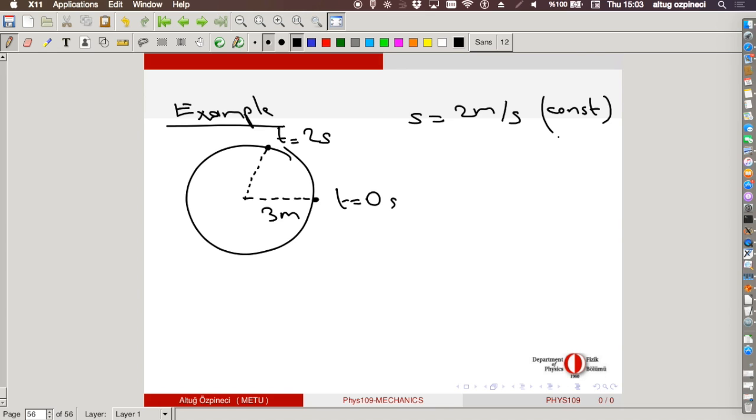What is the average acceleration of this object? Zero. There's no acceleration. It's constant. Okay. The average acceleration is 0.